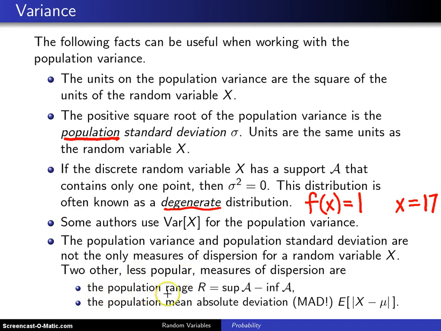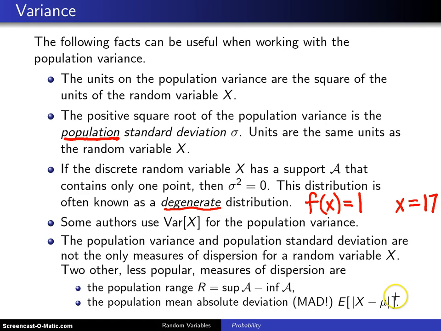The first is the population range R, and that range will be the supremum of the support set A minus the infimum of the support set A, basically just the range of the support. And then the other one is the population mean absolute deviation, which is sometimes abbreviated MAD, and that will be the expected value of the absolute value of x minus mu.